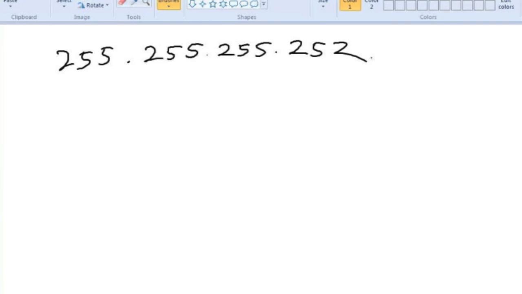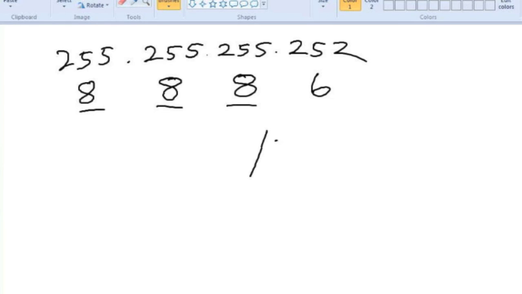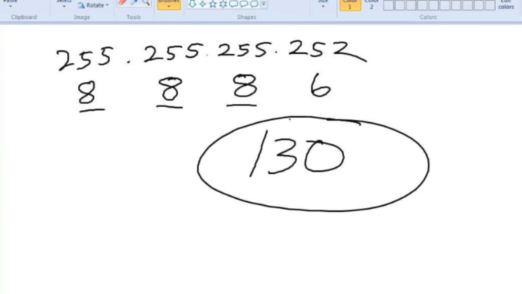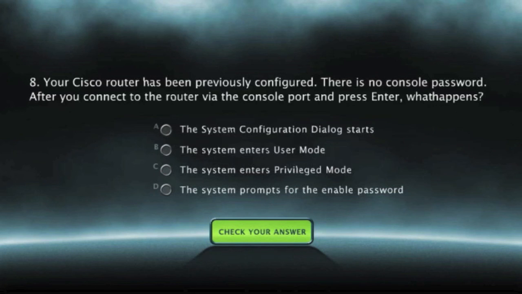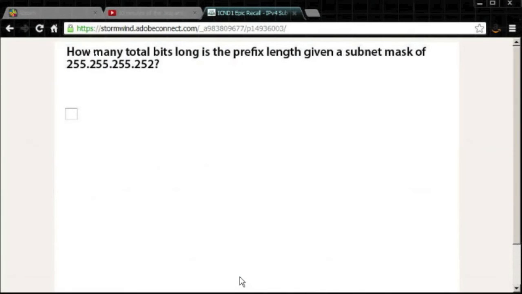Be careful. 8 bits here, 8 bits here, 8 bits here, 6 bits here. 8 plus 8 is 16, plus 8 is 24. The correct answer, /30. So be very careful when you're in an exam environment to read carefully.